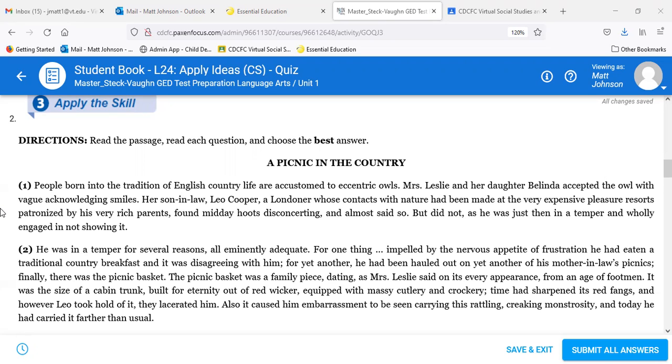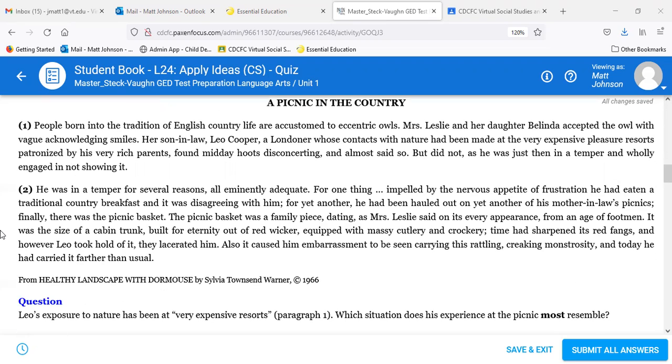Okay, Sasha Gay, you want to read paragraph 2? He was in a temper for several reasons, all eminently adequate. For one thing, impelled by the nervous appetite of frustration, he had eaten a traditional country breakfast, and it was disagreeing with him.